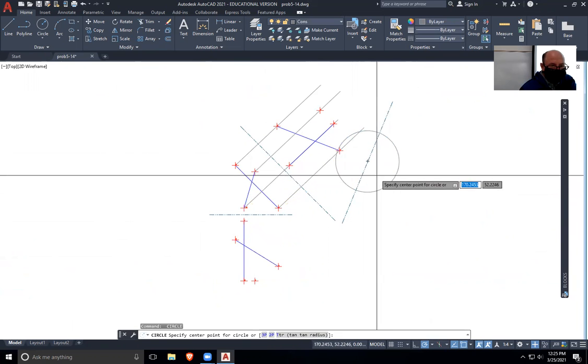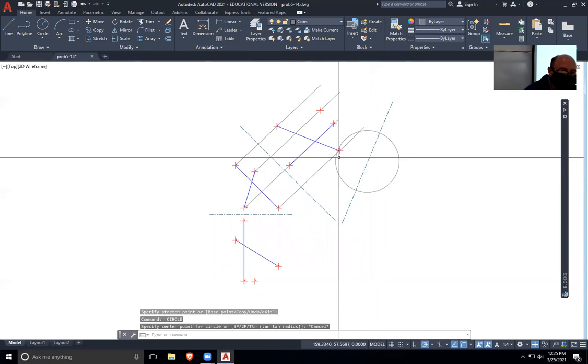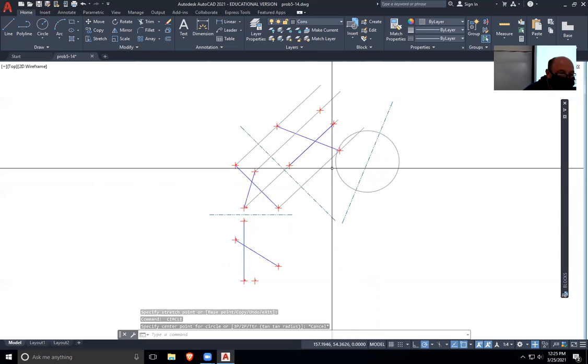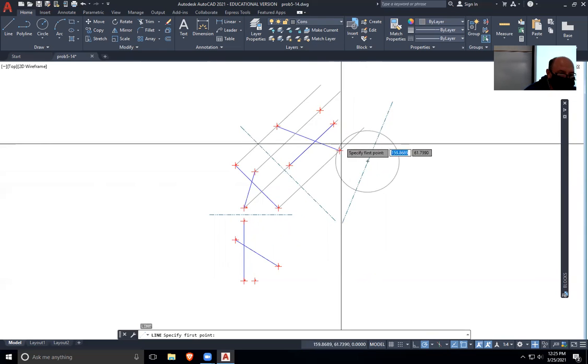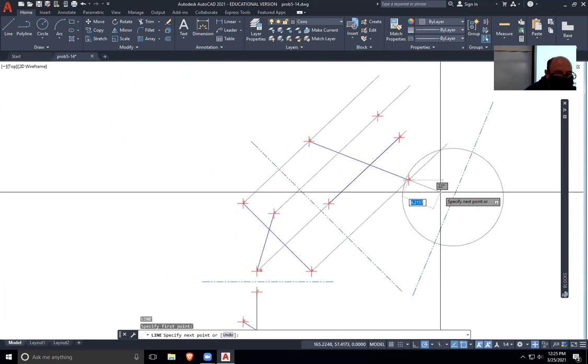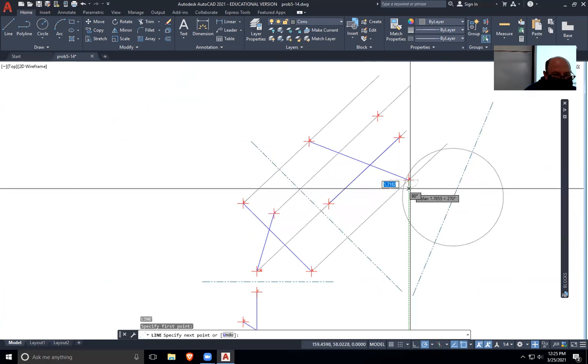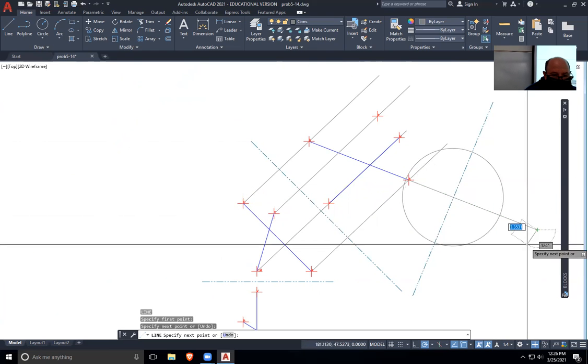Extension. Yeah, I think that's right. I still need probably to make a nice construction line here and get it extending. There.